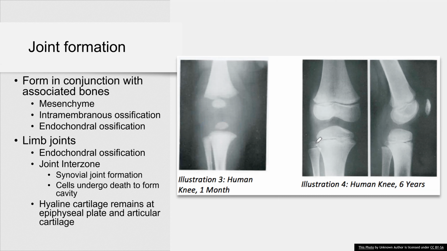Cells undergo death to form the synovial cavity. We also have some cartilage left in the epiphyseal plate and also articular cartilage. And then this epiphyseal plate with age ossifies and becomes the epiphyseal line. So the point is that joints form in conjunction with associated bones.